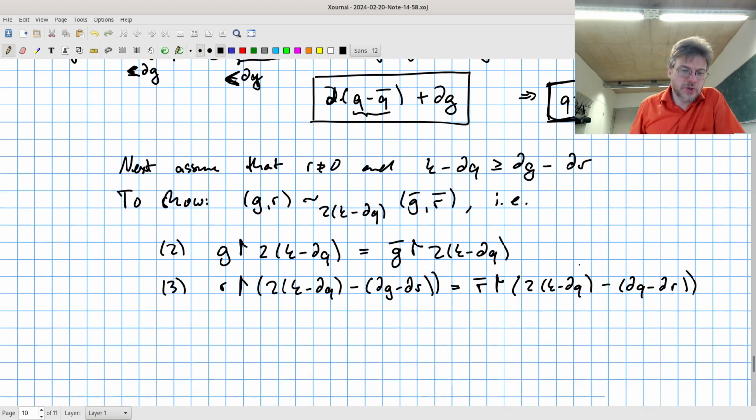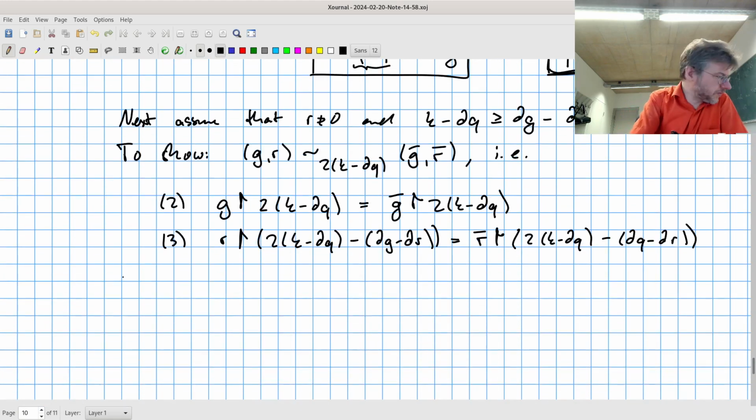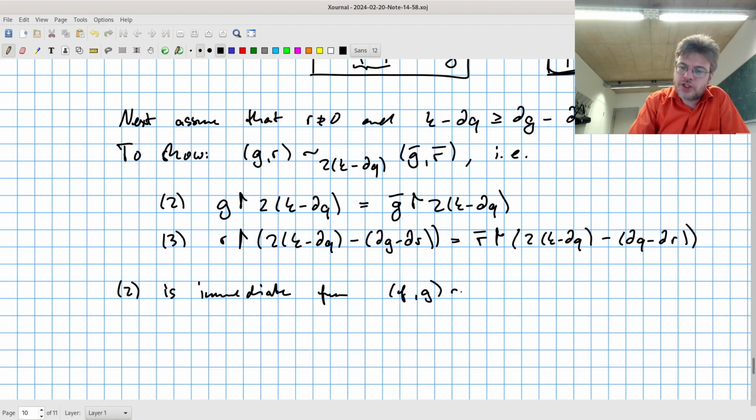So 2 is immediate from f, g agreeing with f bar, g bar up to 2k, because the degree of f minus the degree of g is the degree of the quotient.